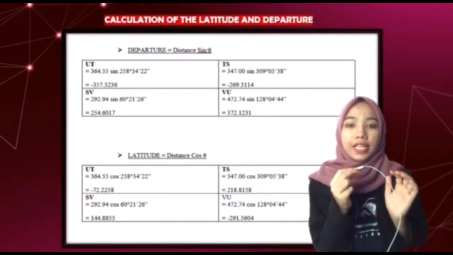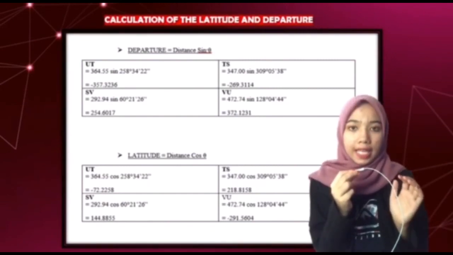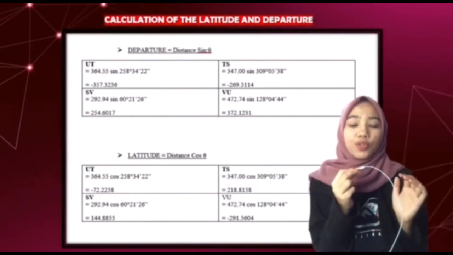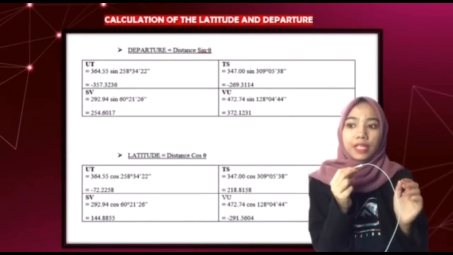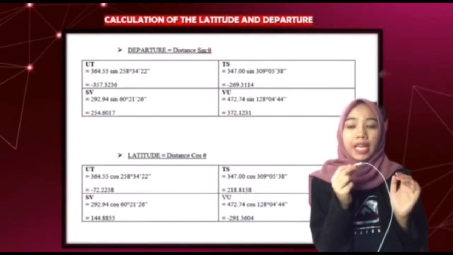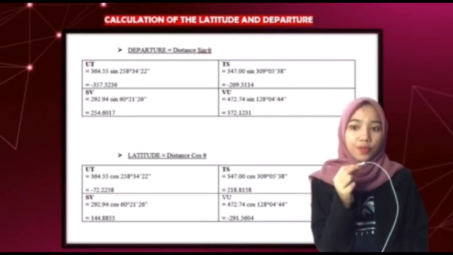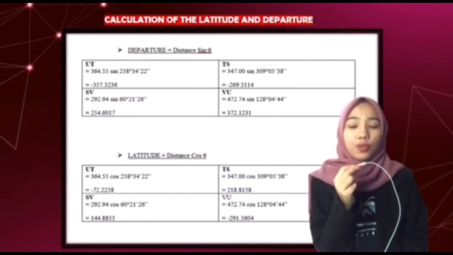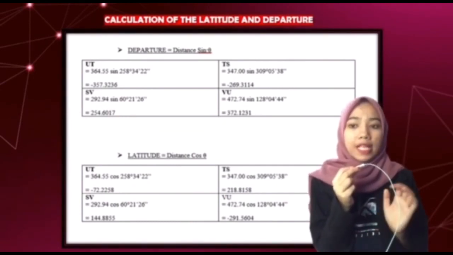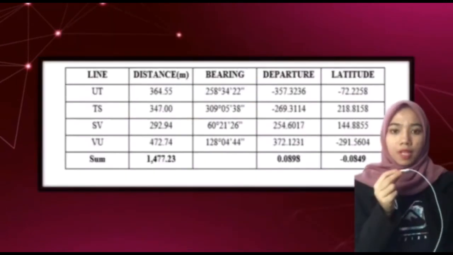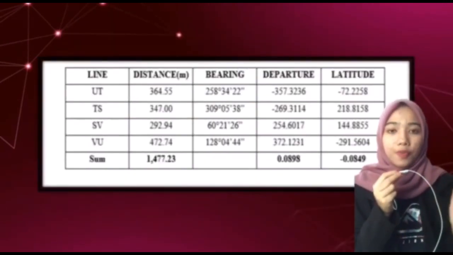First, line UT, we got negative 72.2258. Line TS, we got 218.8158. Line SV, we got 144.8855. And line VU, we got negative 291.5604. So this is the table from the calculation.